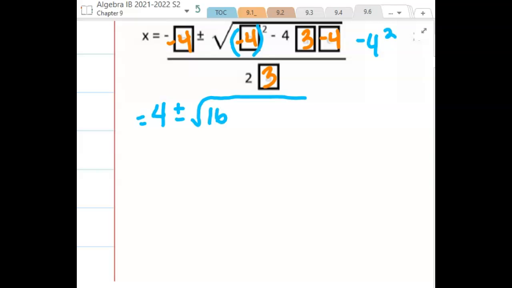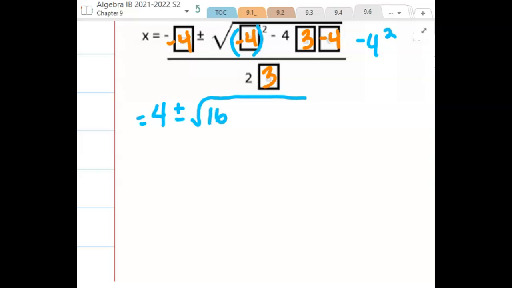You are multiplying 3 things together right here. -4 times a times c. You guys see that? -4 times a times c. You're multiplying 3 things together. You want to look at the signs of these 3 numbers. The 4 is negative. The 3 is positive. The 4 is negative.